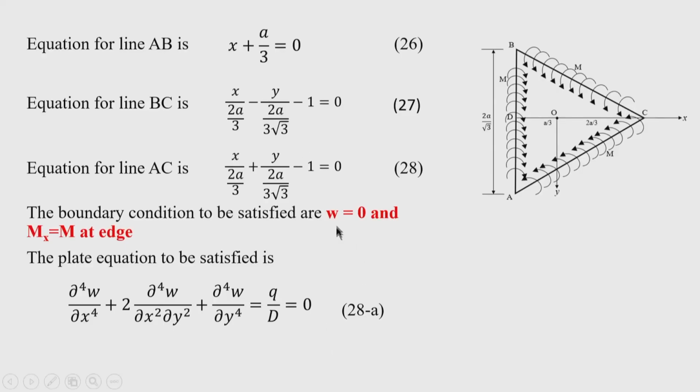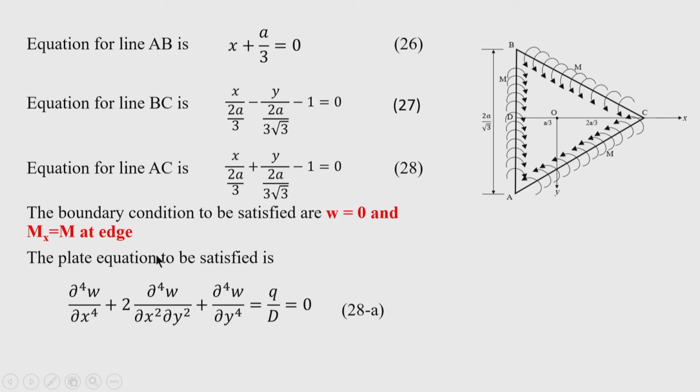Okay. So, that condition is satisfied by taking W is 0, because along the boundary W is 0, and Mx is equal to M at edges. Now, Mx is equal to M at edge is only possible for edge AB, but here this edge is inclined. So, we have to find the moment along the normal, Mn.